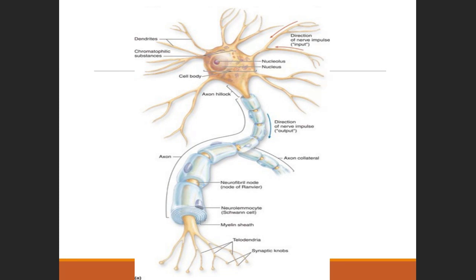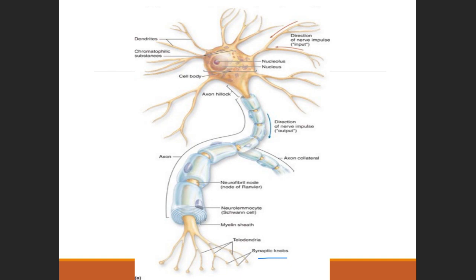At the end of the axon, we have probably the one piece of anatomy that'll have more names than any other piece you'll study. But you can see those little bulges at the tips. You'll see those referred to as axon terminals. This diagram calls them synaptic knobs. You'll hear them called axon end bulbs.